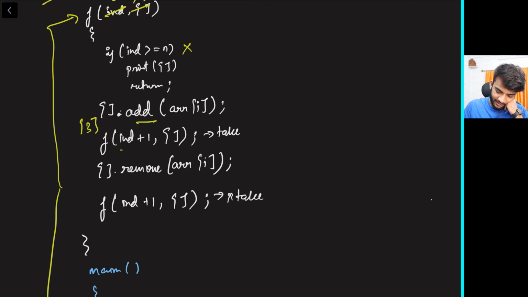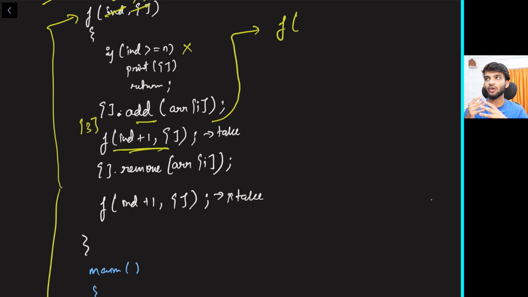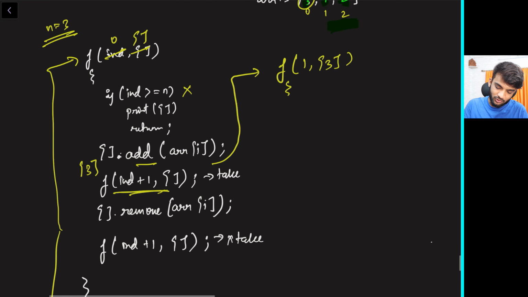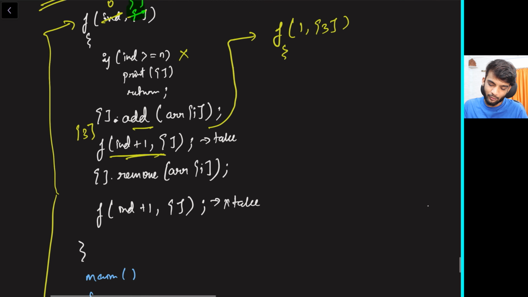Next, you say let's call the function. So you're calling the function with index plus 1, saying that I've taken the 0th index, yes, I've taken 3. Let's move to the next index, which is 1, and please pass on the array 3. Remember this particular array is the subsequence that you're trying to form. So we went over here.